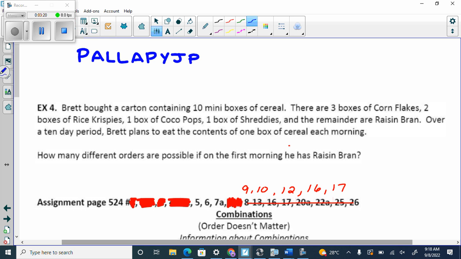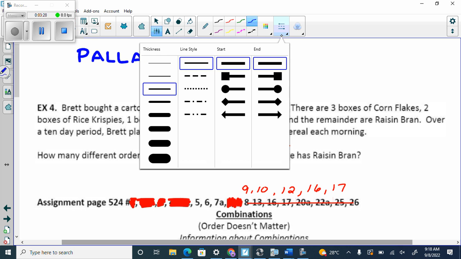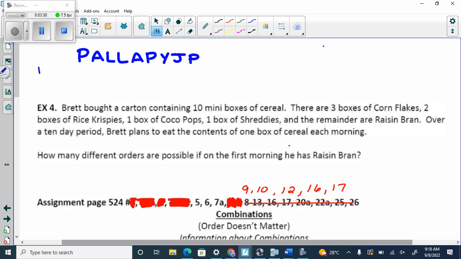The moment that I am given a word, I will always stack letters first. So I'll always rewrite out my word: P, A, L, L, A, P, Y, J, P. And the moment I stack my letters, I go to the denominator and put factorials.